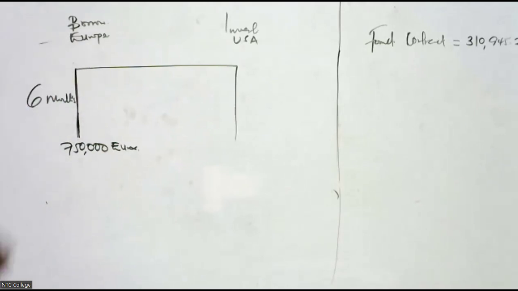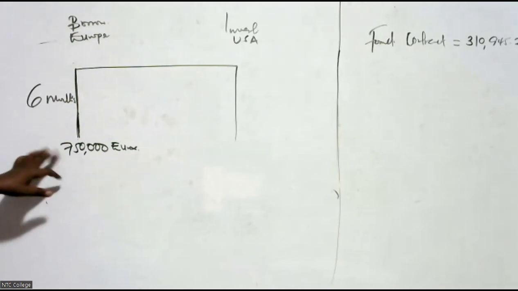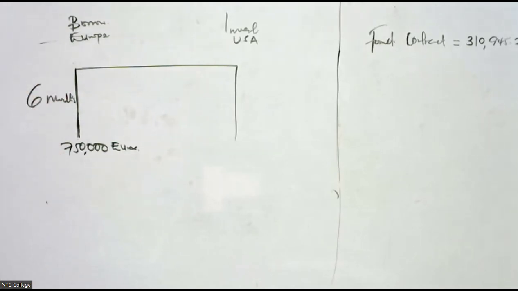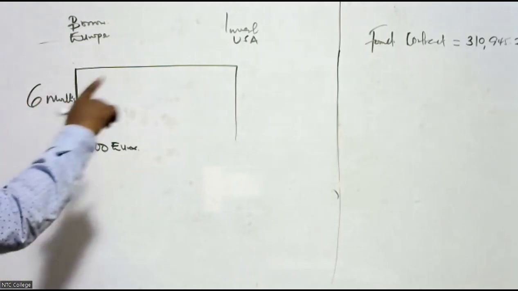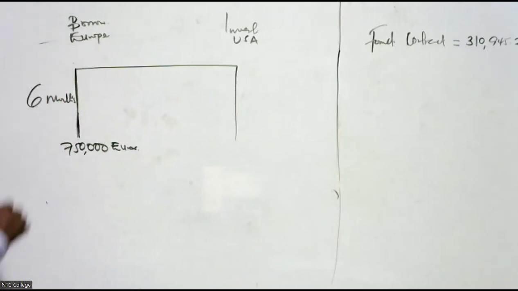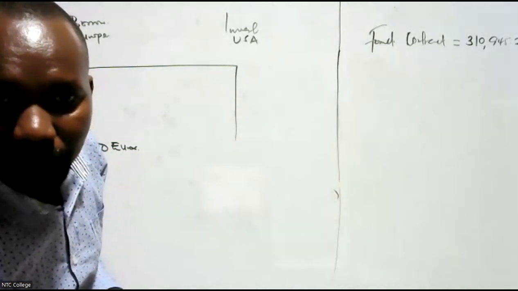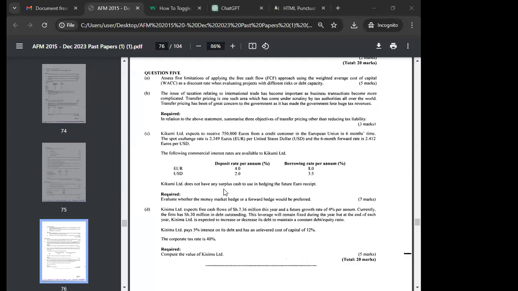Are we together? From here, now go up. If we are going up, how much are we supposed to borrow? Then we go and invest. Use the borrowing rate because you are borrowing. So the borrowing rate, we are given how much? This deposit is the investment, so borrowing is this one.